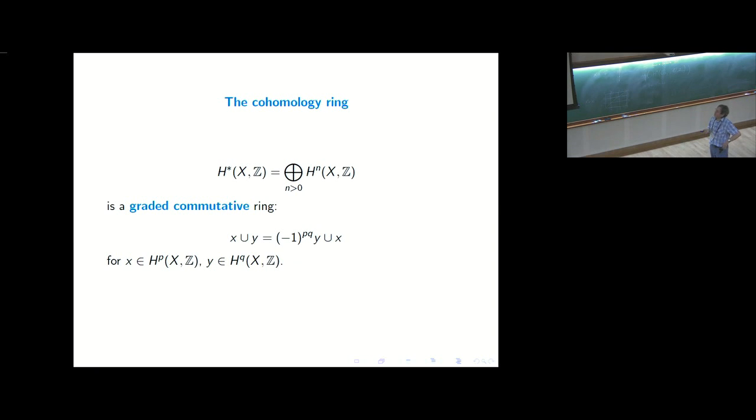Graded commutative means that if you take x times y, it's minus 1 to the pq y times x, where p and q are the degrees of x and y. But I'm going to work throughout the lecture with p equal to 2, because it just simplifies a lot of things. Almost everything I say works for arbitrary p, so we can ignore the sign. So it's a commutative ring.